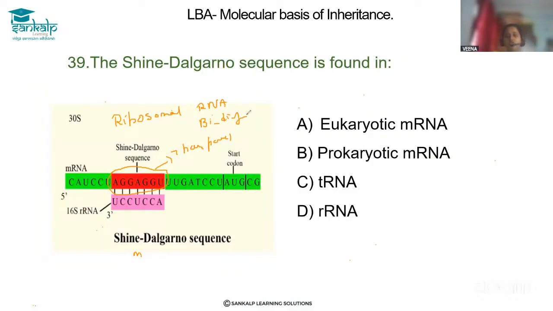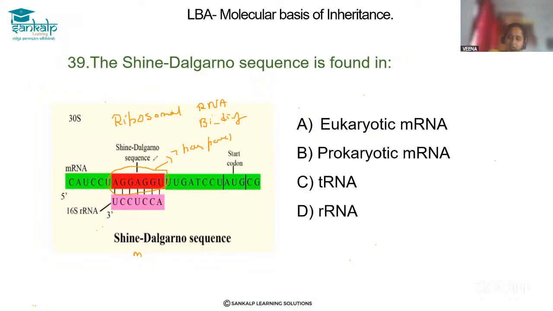So this ribosomal RNA is involved in the translation process. The ribosome holds the mRNA, right? The ribosome holds both mRNA and tRNA. So this ribosomal RNA attaches to the sequence, and that sequence is called the Shine-Dalgarno sequence.